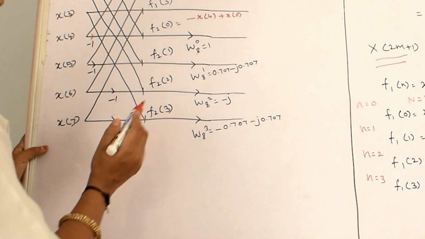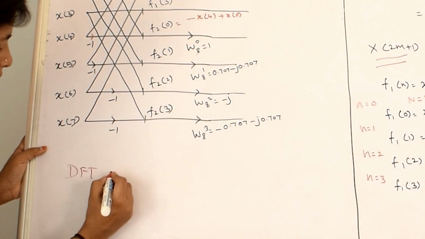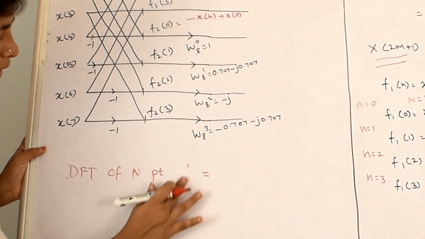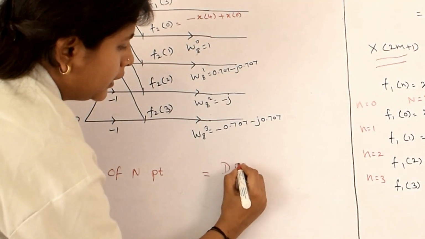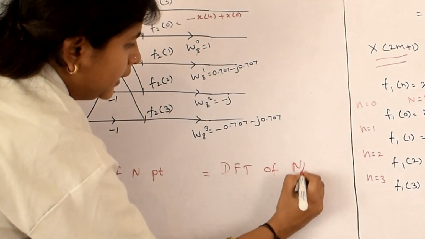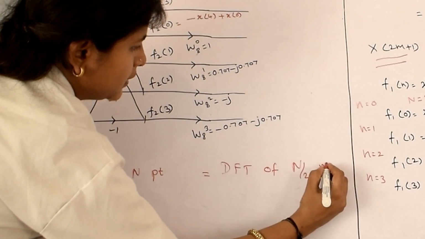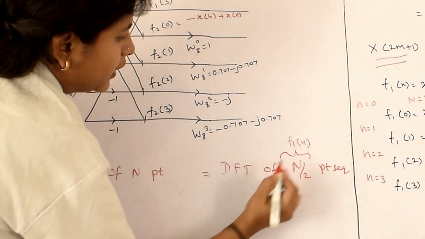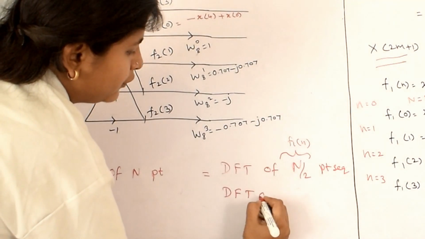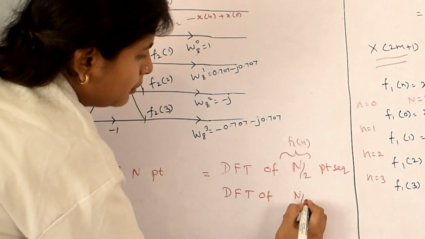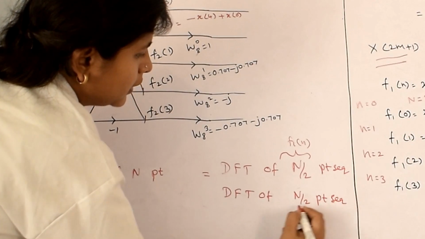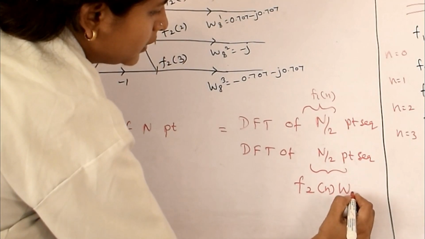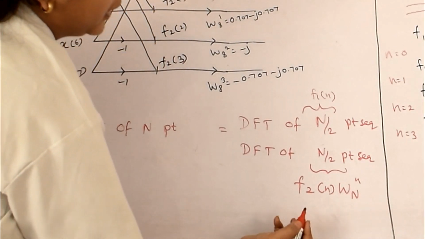So the DFT of an N point sequence can be considered as the DFT of an N by 2 point sequence, here we have f1 of n, along with the DFT of another N by 2 point sequence, here we have f2 of n along with W_N power n.